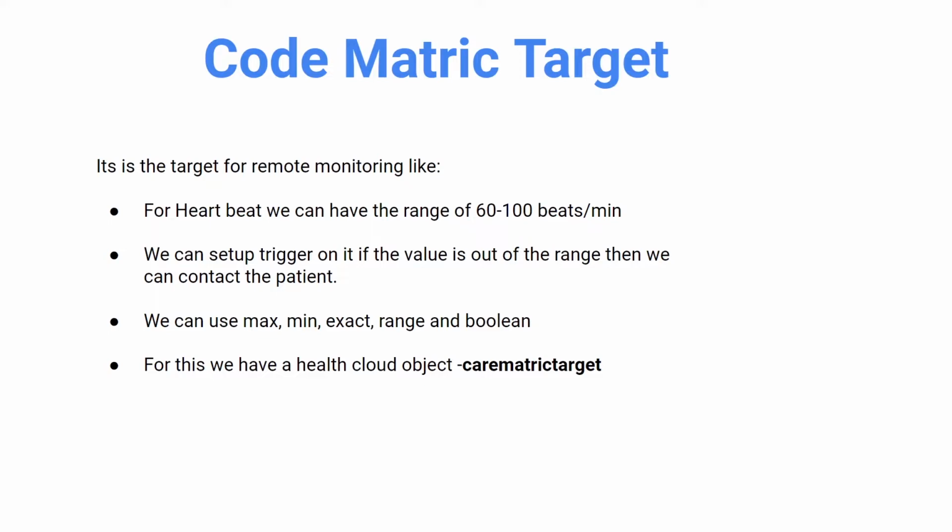Then the range, like this 60 to 100 beats per minute, and boolean, true and false. For this, we have a Health Cloud object, care metric target, so we can create the care metric in this.